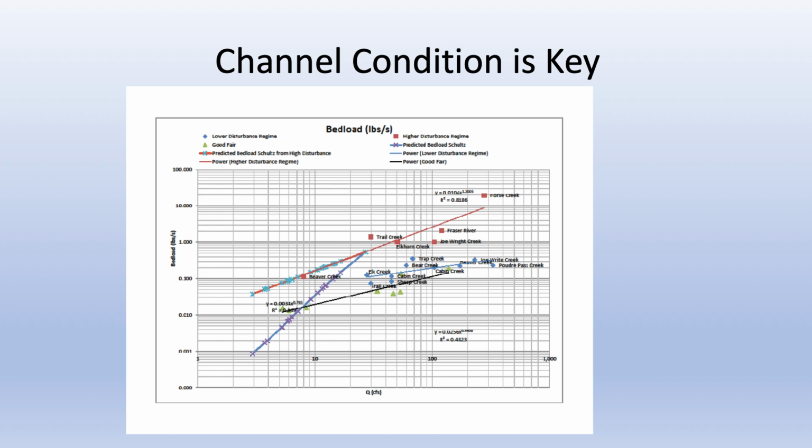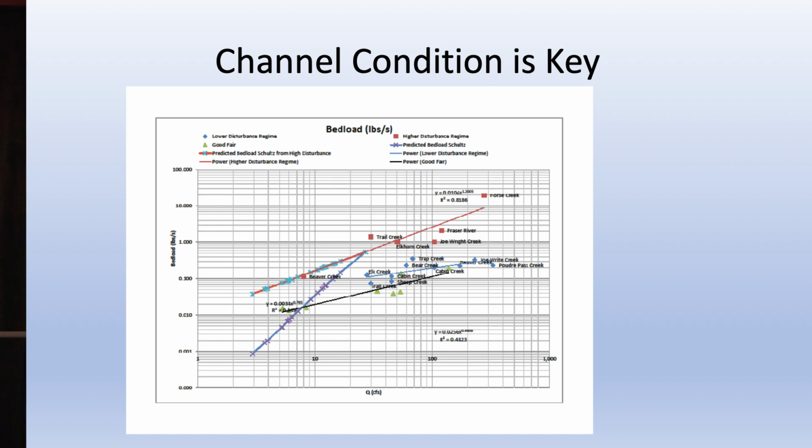And really what it's pointing out is that these poor condition channels, because they have so much more sediment, with the same amount of water, can transport orders of magnitude more. So that channel condition is a really key factor here. And 10 tons versus 100 tons per linear foot of bank is a big deal.